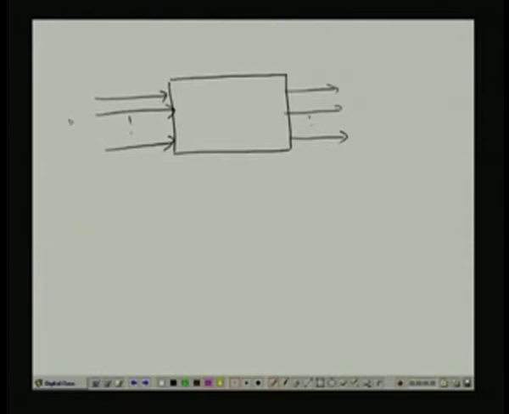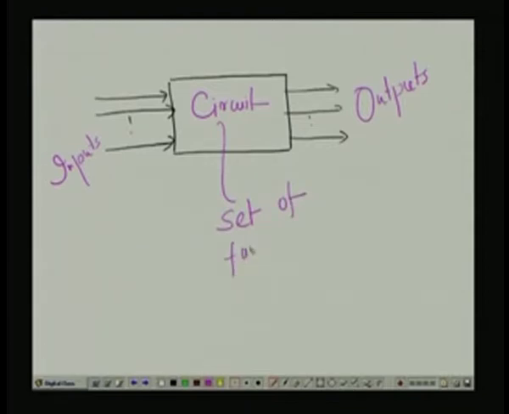This is my circuit, or what I can tell, this is a set of functions realized by gates.